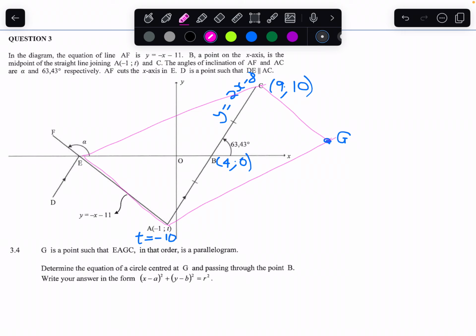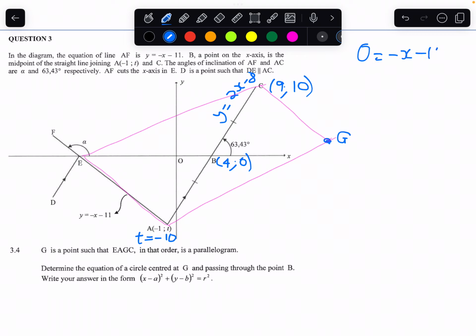Okay, right. So I don't know what the coordinates of E are. Oh, we do. We have the equation of the straight line. Okay, so I'm going to start by figuring out the coordinates of E. Okay, so E is an x-intercept, so I'm going to find its coordinates by making y equal to 0.